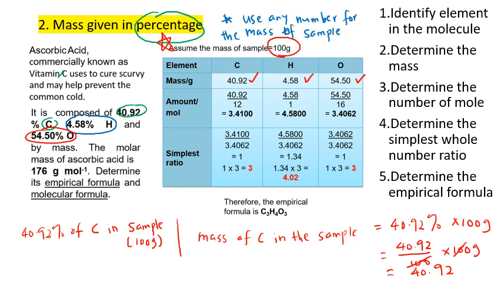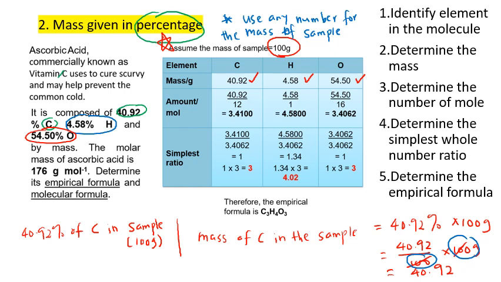But then you will recall that in SPM, your teacher also asks you to assume 100 gram. In matriculation here also, we are asked to assume 100 gram, like we just mentioned, because here 100 and 100 can be cancelled out. So basically you have no need to press the calculator.